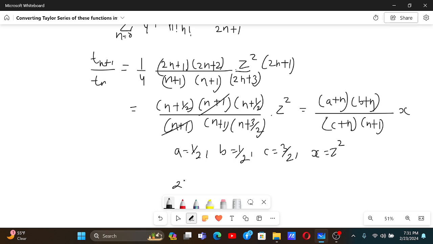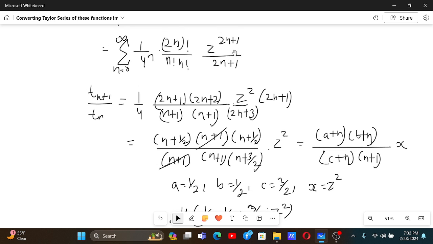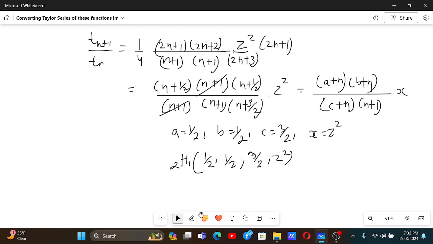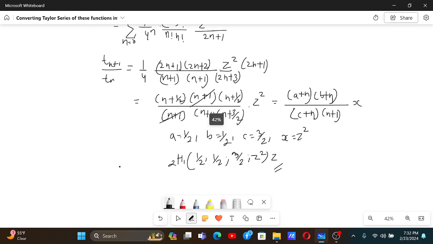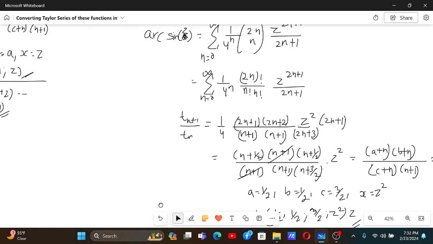So our hypergeometric series should be 1 by 2, 1 by 2, 3 by 2, and z square. Okay, but our first term doesn't have degree 0, it actually has degree 1. That's why we need to multiply by z as well. Okay, so this was the hypergeometric series for arc sin x.